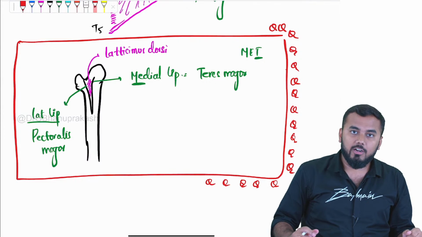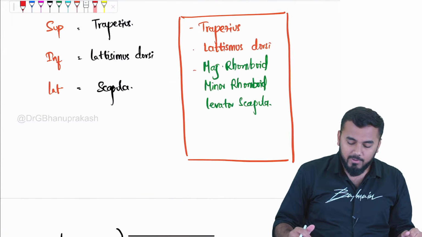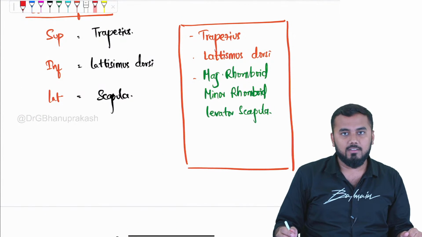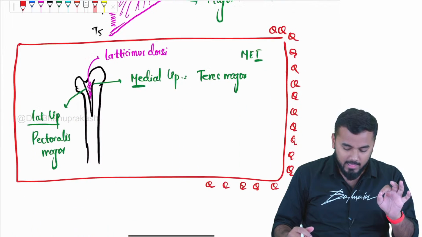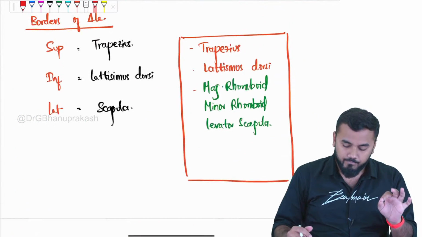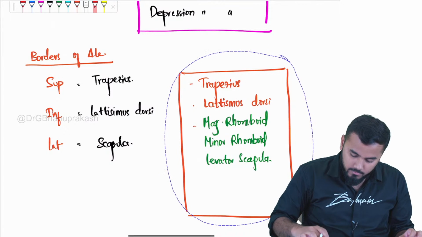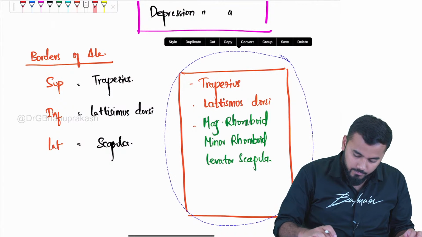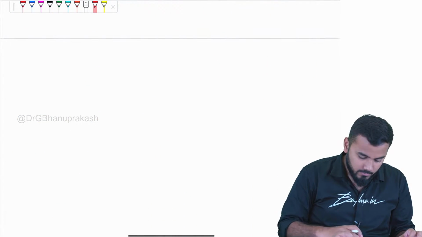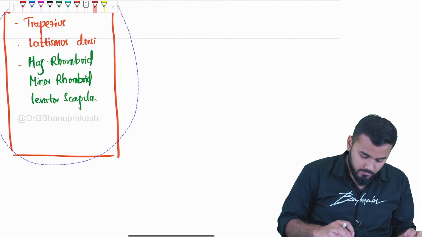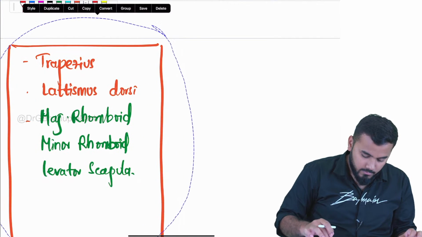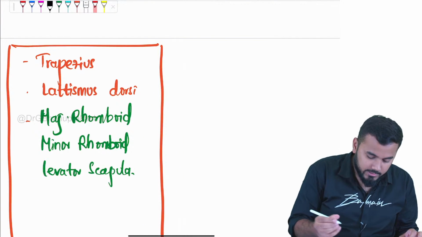One thing we forgot: we didn't discuss the nerve supply. Nerve supply is very easy.